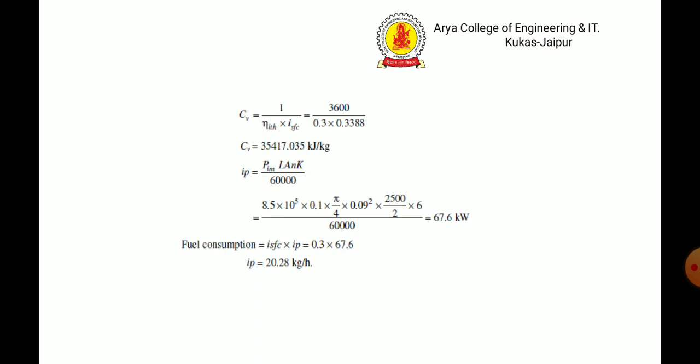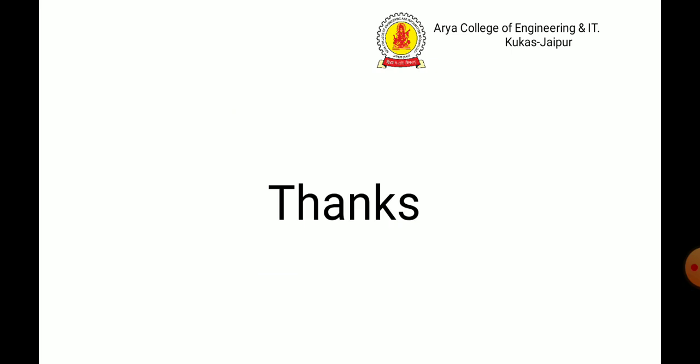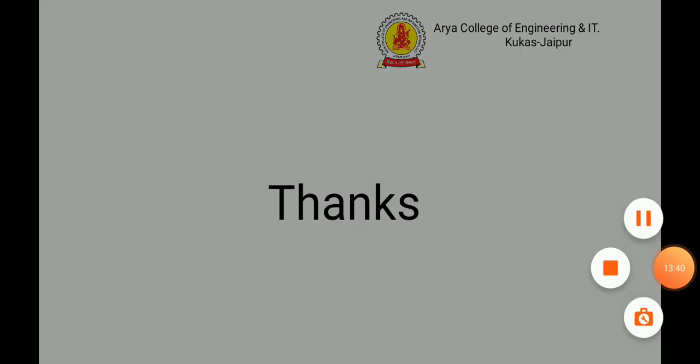So by putting all the values, IP is given 67.6 kilowatt, and then fuel consumption we can get ISFC into IP. So IP, indicated power, equals 20.28 kilogram per hour. That is all about the testing of IC engines.